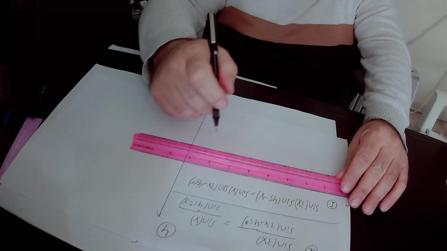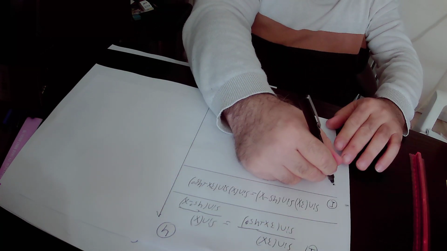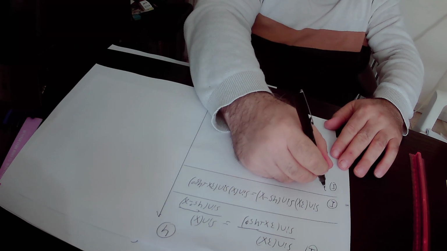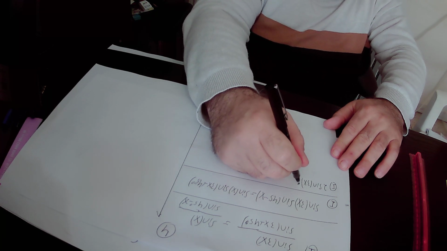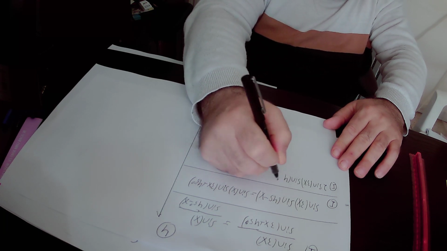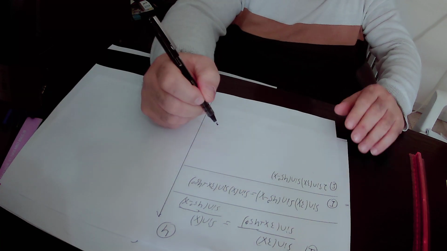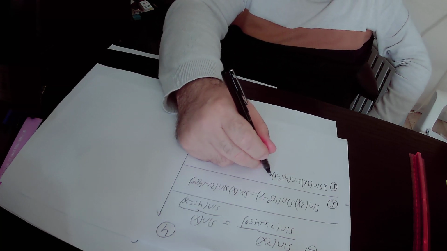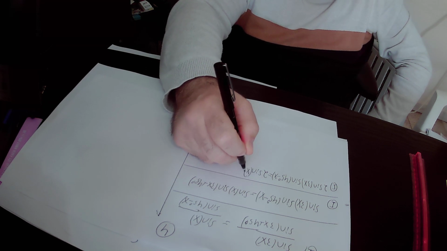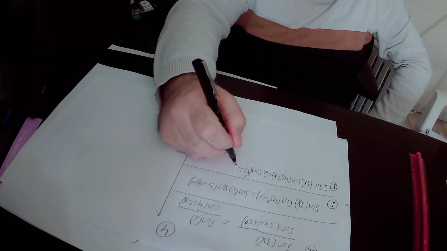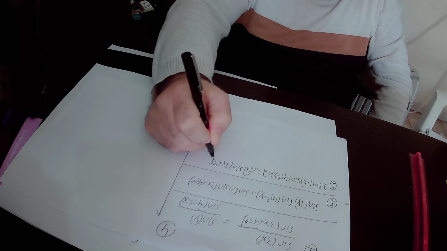Here we will multiply equation number 1 by 2, and we will get that 2 times sine 3x times sine (45 degrees minus x) equals 2 times sine x times sine (3x plus 45 degrees).